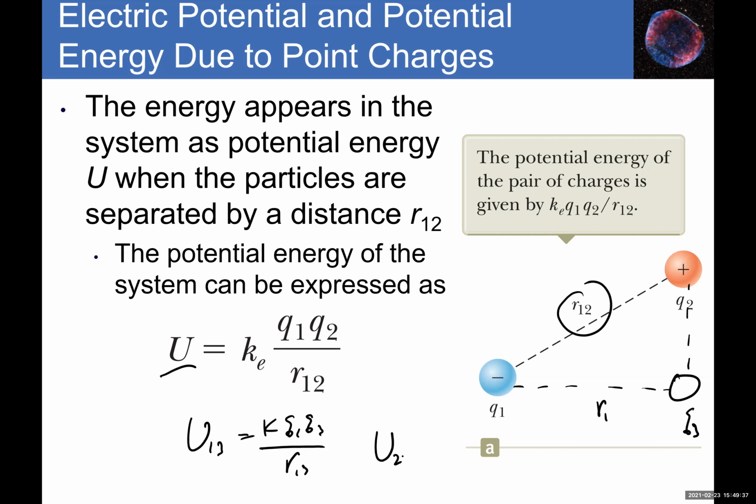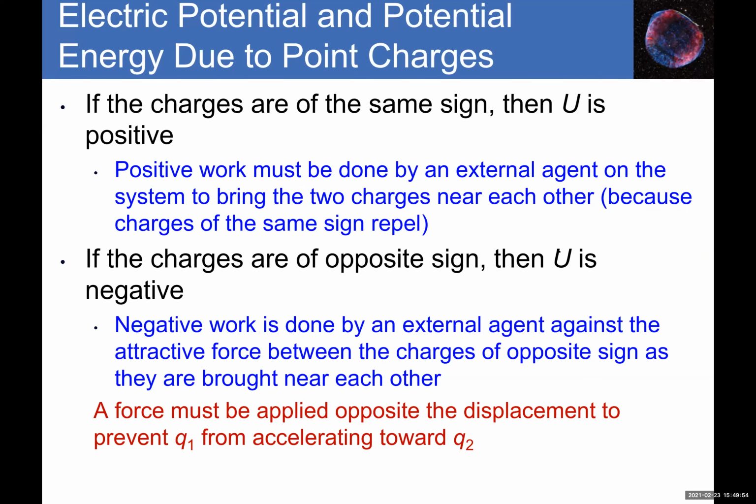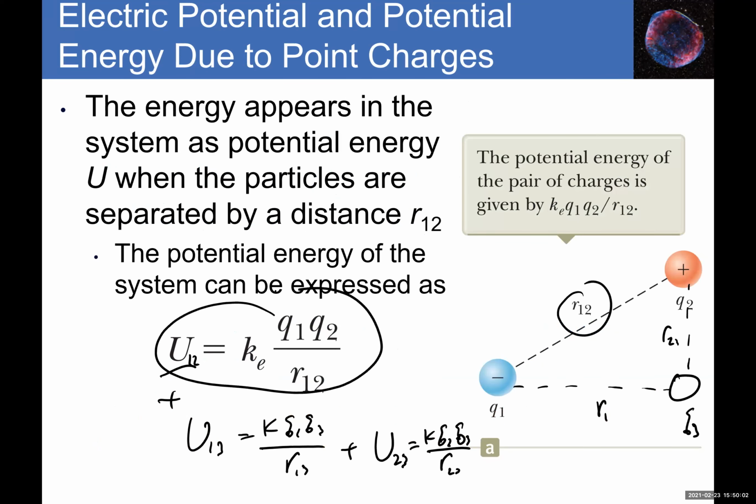There's also U23, kQ2Q3 over R23, right? And then add them all together to get the total energy of the system. Okay, so that's one thing we can do. All right, so if the charges are of the same sign, then U is positive, right? Because remember, we are not using absolute value for the calculation of this potential energy.